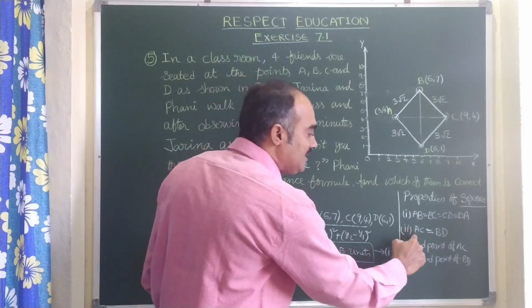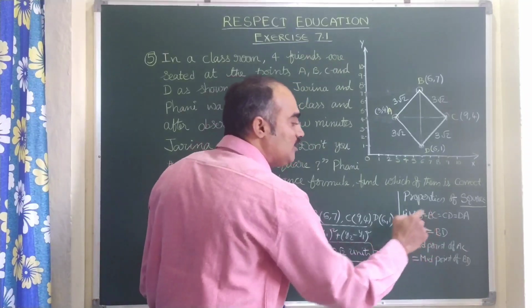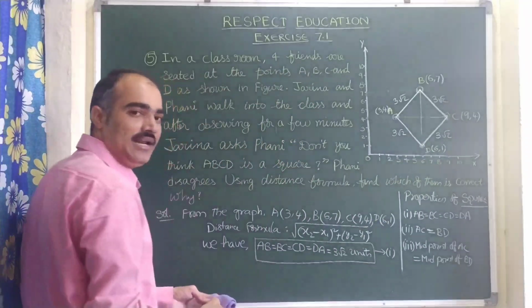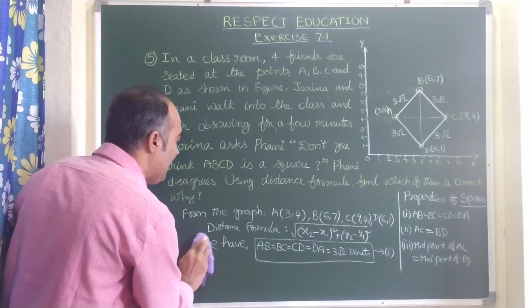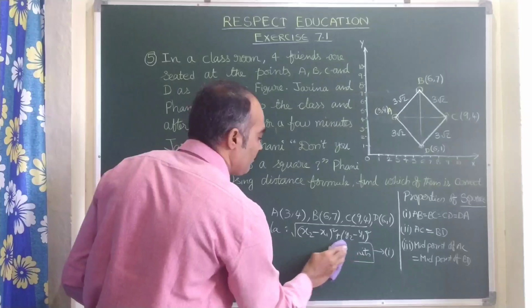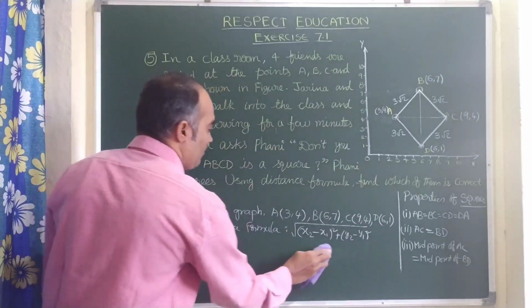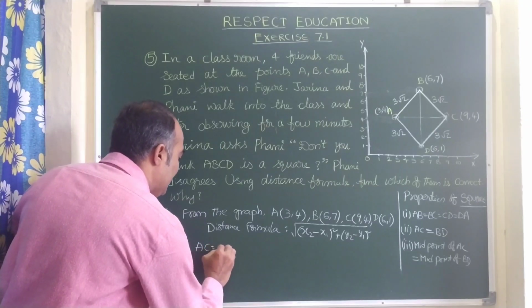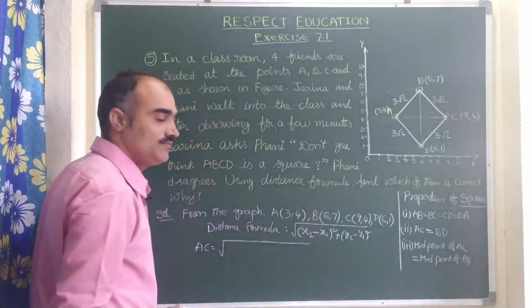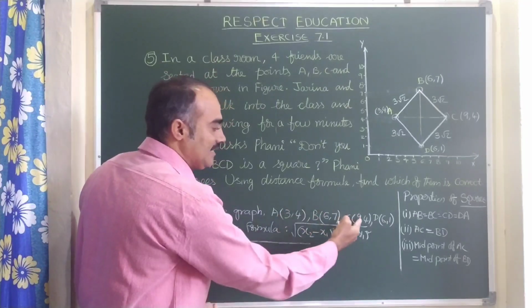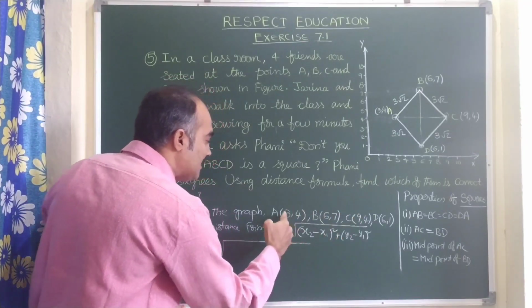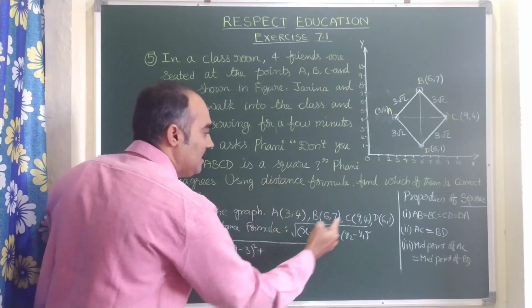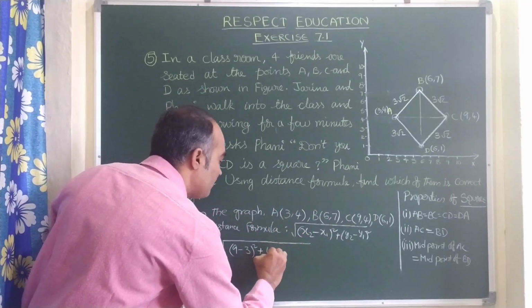The second one is the distance between AC and the distance between BD. So let us find the distance between A and C. AC is equal to under root of (9 minus 3) whole square plus (4 minus 4) whole square.